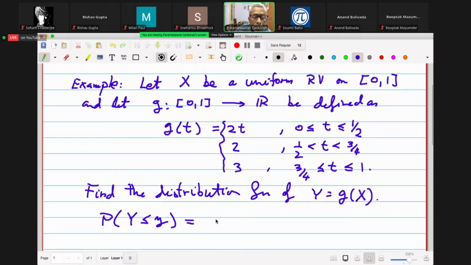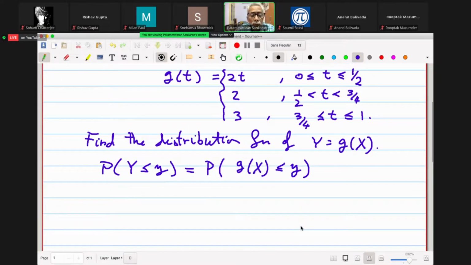So Y is equal to g of X. You write this in the following fashion. So this is probability of g of X is less than or equal to y. Maybe you want to write one more step so that it becomes clear.